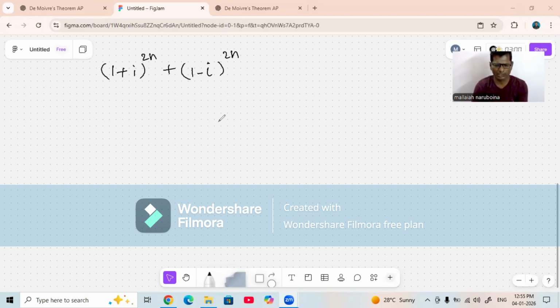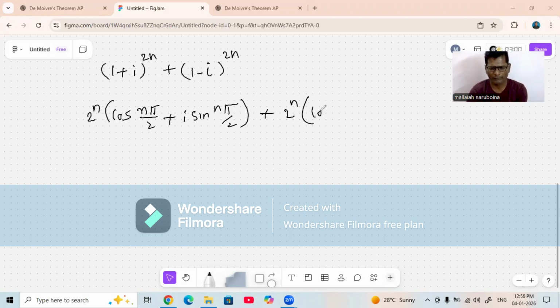Now we have to add these two values. We know 1 plus i whole to the power of 2n is 2 power n into cos n pi by 2 plus i sin n pi by 2, plus 1 minus i whole to the power of 2n, that is 2 power n of cos n pi by 2 minus i sin n pi by 2. These two results we have to add.